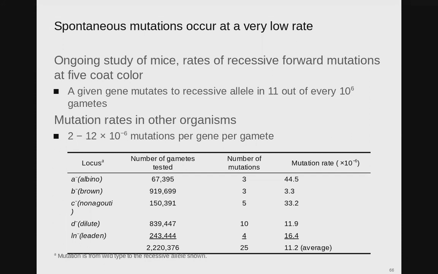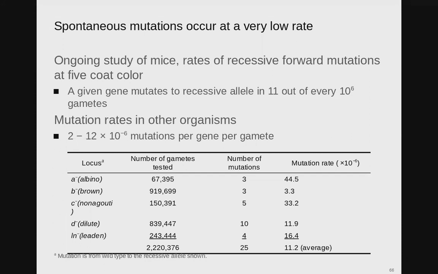But a given gene mutates to a recessive allele in about 11 out of every 10 to the 6th gametes produced. And it varies, so the number of mutations, the number of gametes tested, giving you these mutations, right? At an average of about 11 per 10 to the 6th gametes, giving us a mutation rate in mice of about 10 to the minus 6.